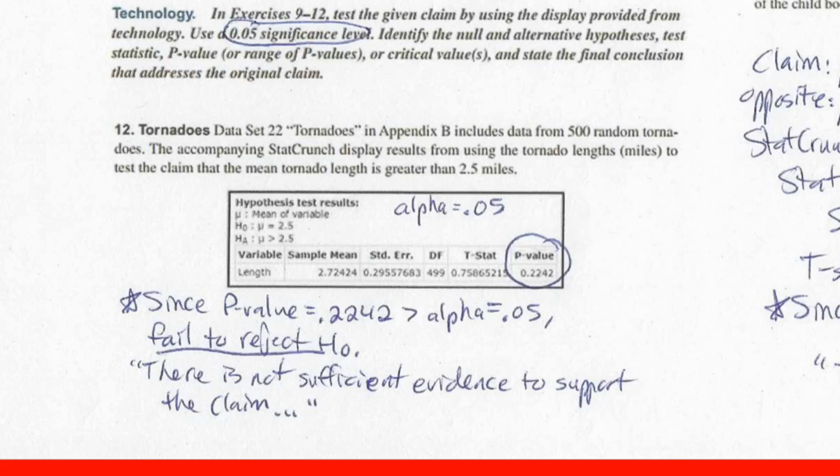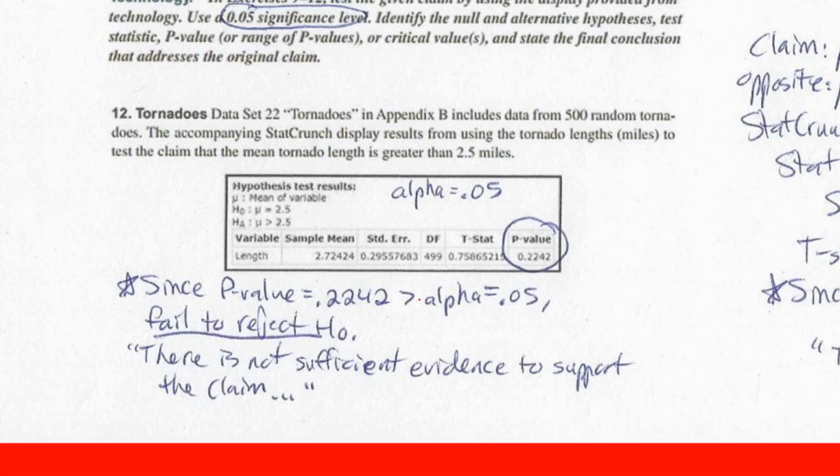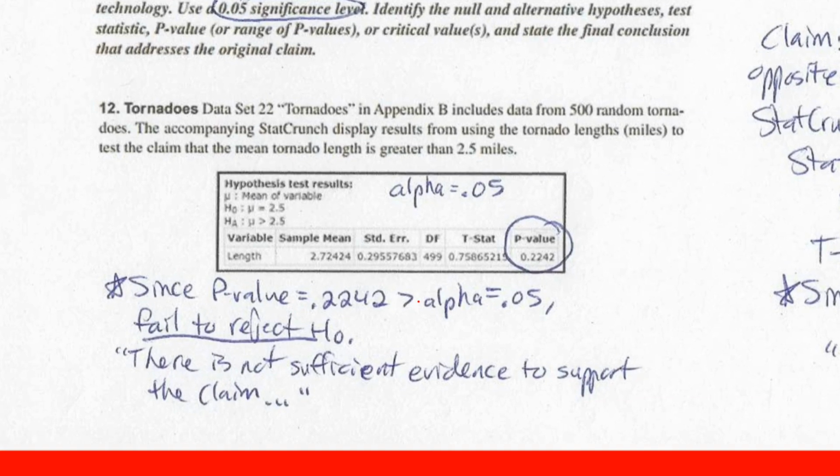And so we just kind of look at the results. So someone here is claiming that the mean tornado length is greater than 2.5 miles. And as you can see, there's the claim right there.